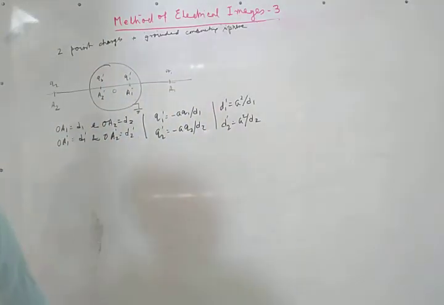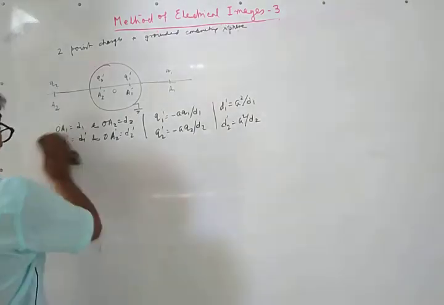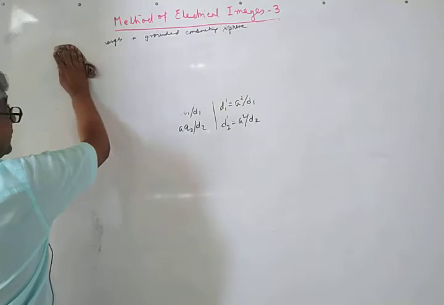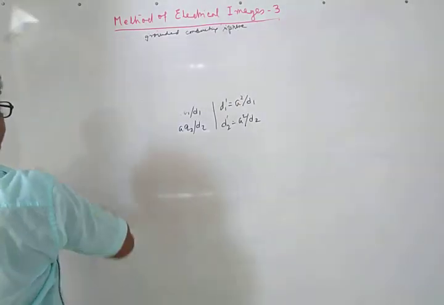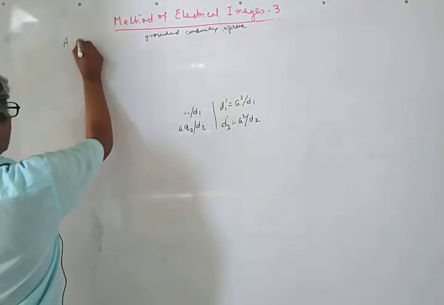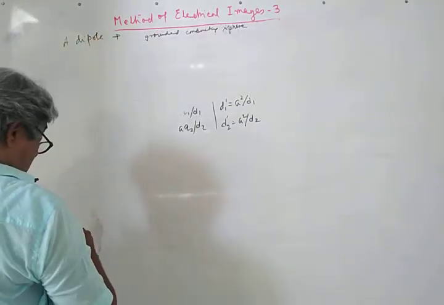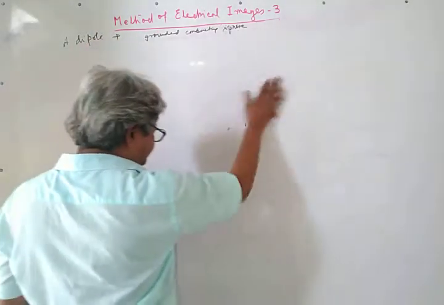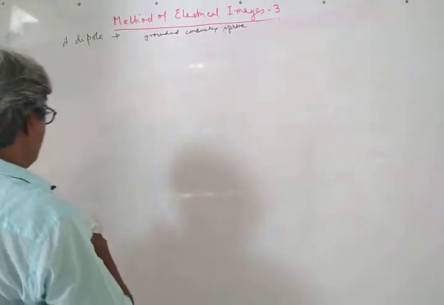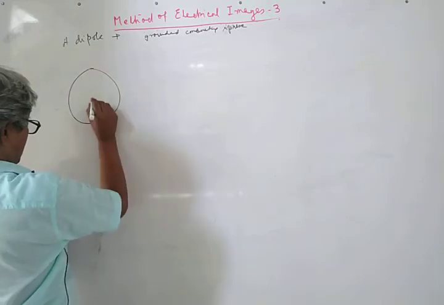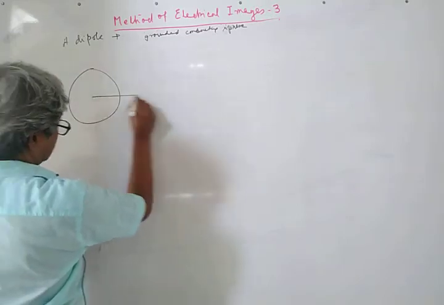Now come to another case, a point dipole in front of a grounded conducting sphere. We have a conducting sphere of radius this.